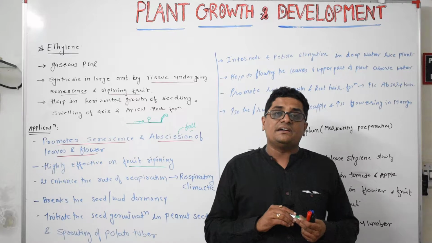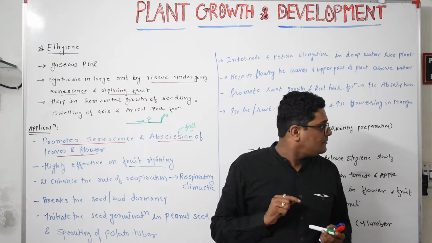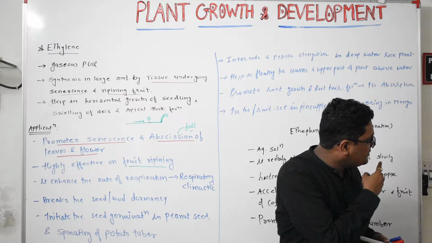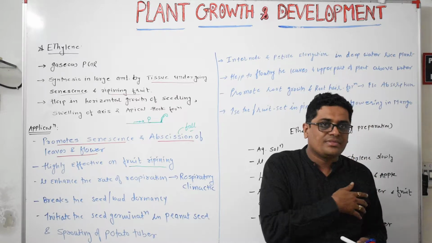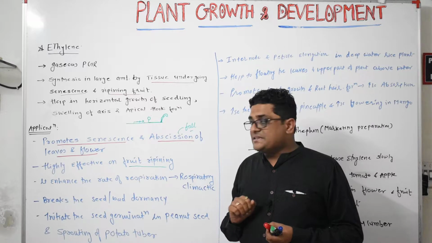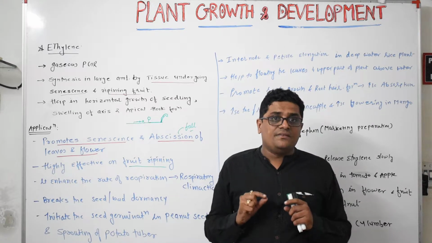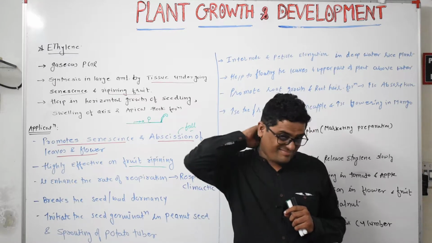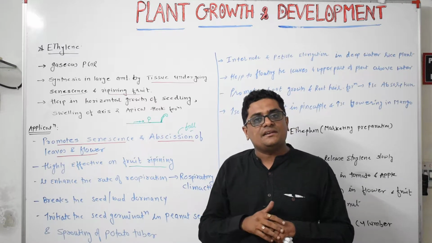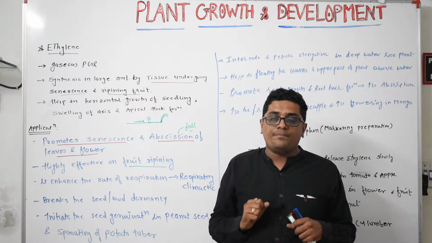As we discussed earlier, Cousins discovered ethylene by using the ripened orange.